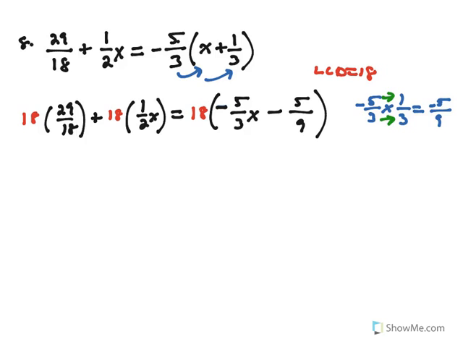And now just watch what happens. The 18s will cancel. You're just left with 29 plus 2 divided by 2, that cancels. 18 divided by 2 is 9, and then 9 times 1x is just 9x. The 3 cancels. 18 divided by 3 is 6. 6 times minus 5x is negative 30x.